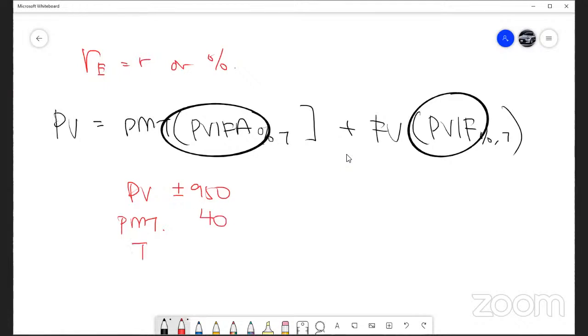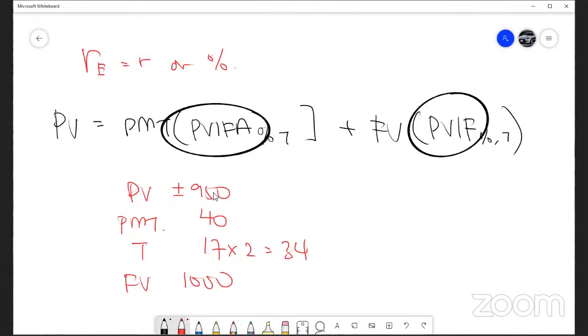Your time, make sure the time, very important here. It's 17 years, but it's semi-annually, so 17 times 2, so it's 34. FV equals 1000. For a bond, the face value is always 1000.